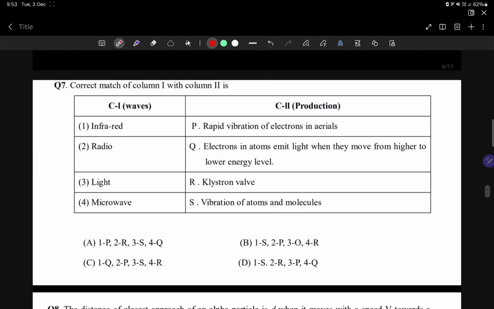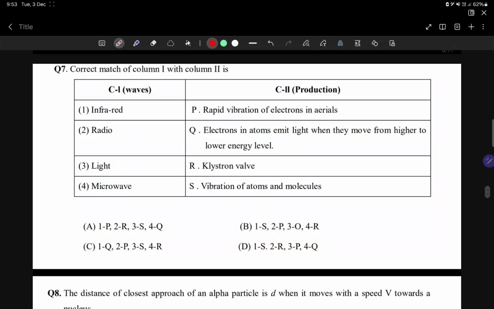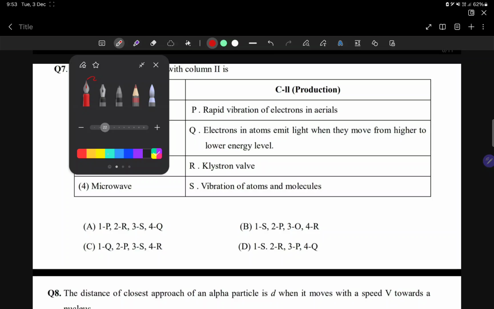Yes, next is question number 7. The correct match of column 1 with column 2 is dash. Four things are given in column 1 and four things are given in column 2.